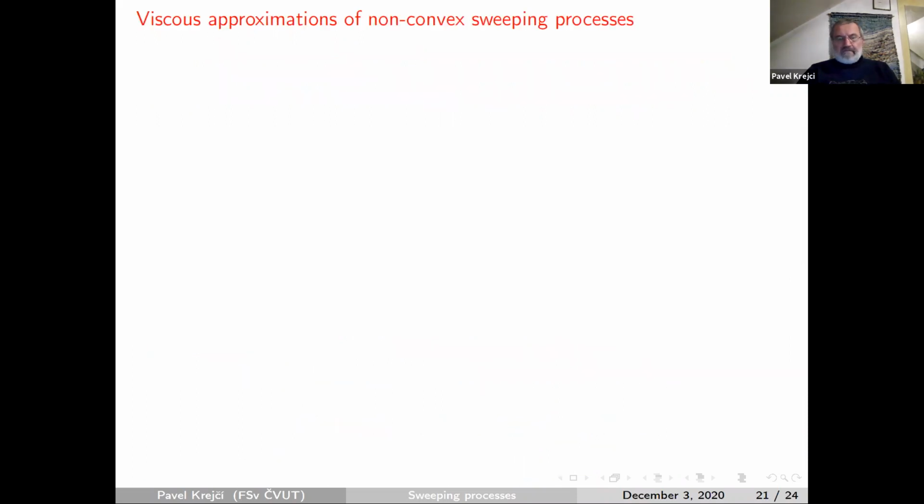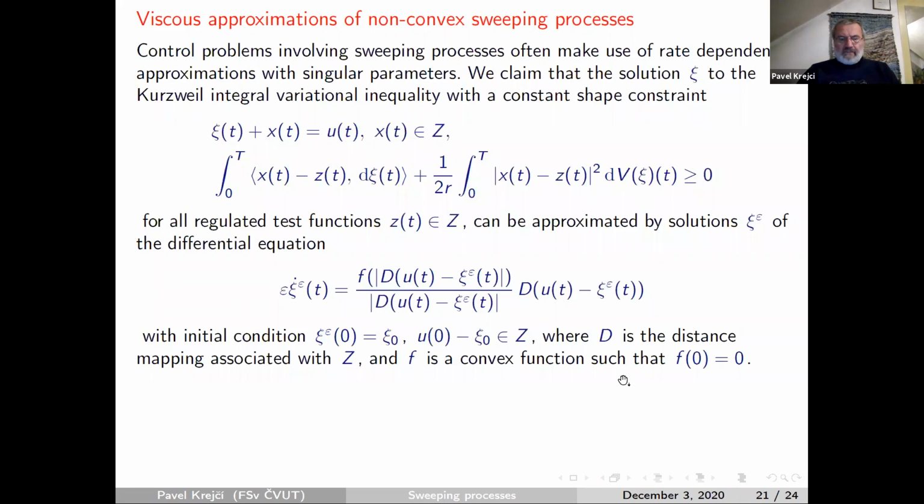And then what we are currently doing, viscous approximation. So this is our Kurzweil integral variation inequality. We consider a fixed domain Z, and we replace the variation inequality by a singularly perturbed equation, epsilon Xi epsilon dot equal to a function of the distance, multiplied by the distance mapping.